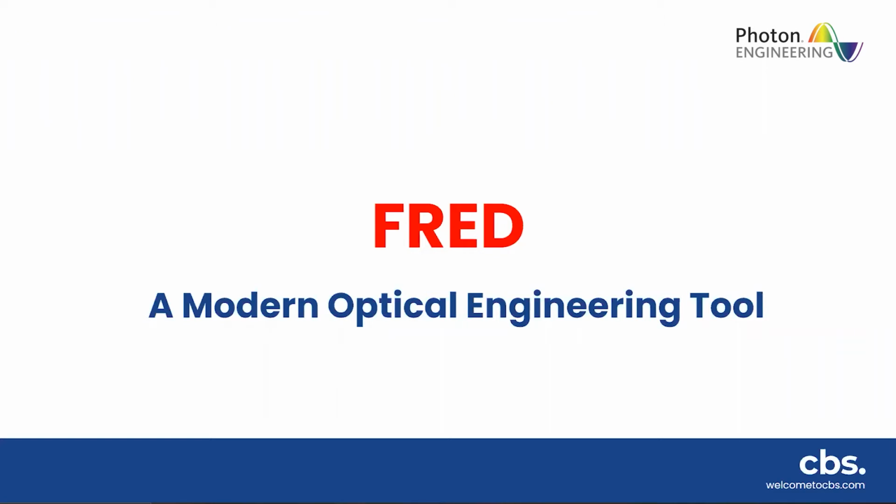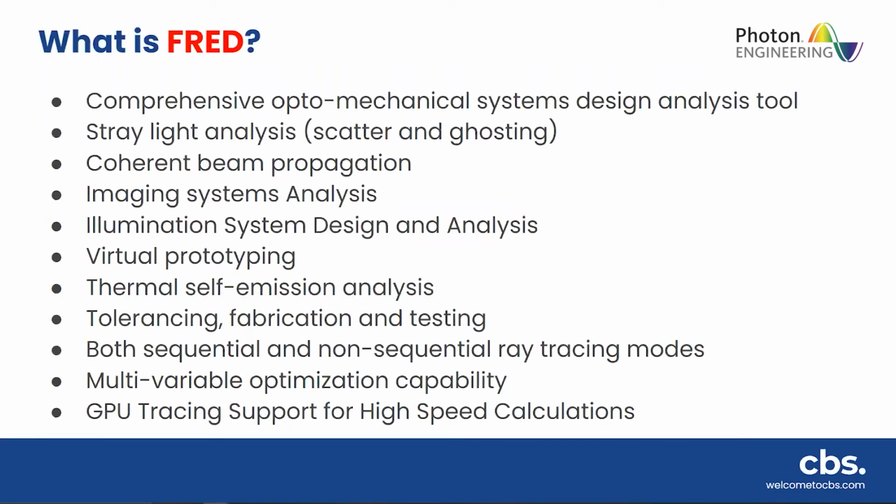For those of you that are new to Fred, first of all, just a very quick overview about what is Fred. Fred is a comprehensive optomechanical ray tracing software package that can be used to solve a vast number of different problems. Straylight analysis is the topic for today, and is also the thing that Fred is actually used very often for.